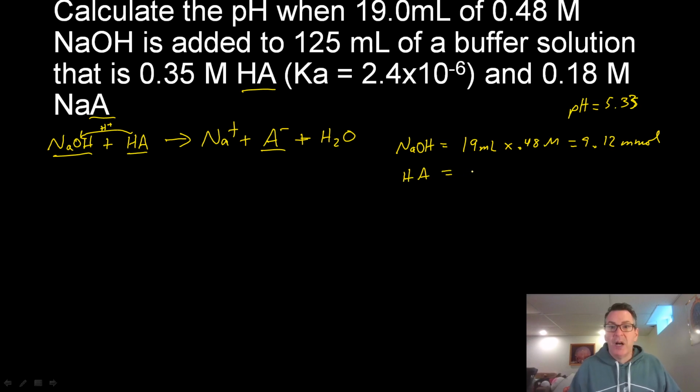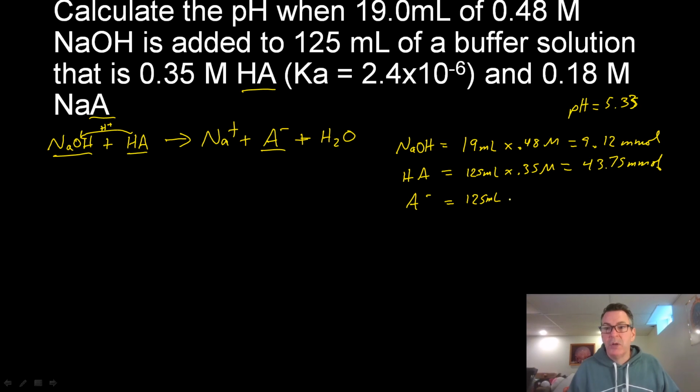It was 125 milliliters times its concentration of 0.35 moles per liter, and that's 43.75. So we're back to using the same original buffer solution that we had before. And then for the A- ion, same 125 milliliters that the HA is dissolved in, and we had a 0.18 moles per liter concentration there. That came out to 22.5 millimoles.